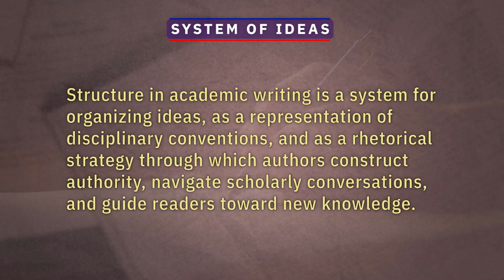How else can we understand the structure of an academic paper? We must understand that structure in academic writing is a system of organizing ideas. So, in other words, I can define structure as a system of ideas. It is a system of organizing ideas. There are, of course, as I mentioned, various conventions as per the discipline, but it is in general a kind of rhetorical strategy.